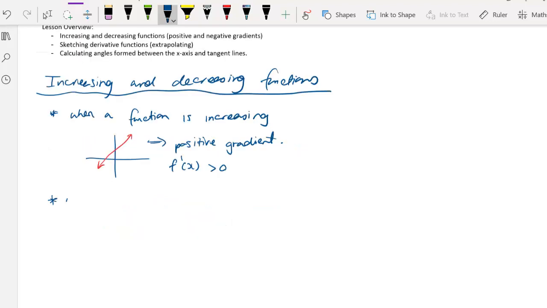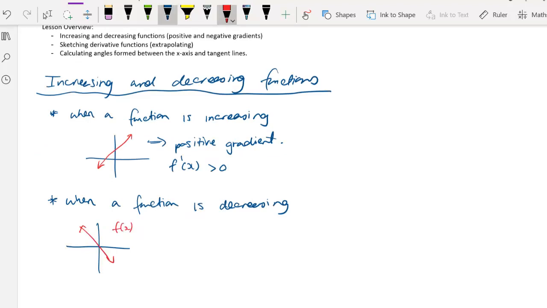And conversely, that means that when a function is decreasing, so we can see here that a function going down will mean that it's got a negative gradient, and thus the derivative, that gradient function for that section, will be less than 0. So it'll be a negative value.